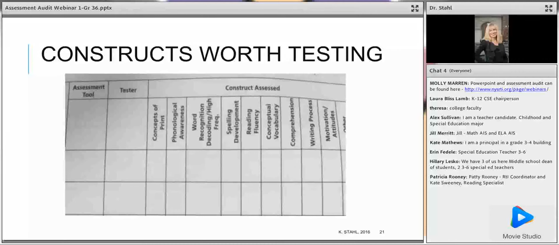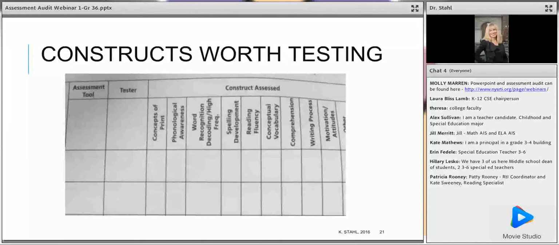We want to have an inventory and make sure that they have those first 300 to 500 Fry words under control in isolation in 1 second, but also, do they know them quickly enough that when they're reading connected text, they are not stumbling over one of the Fry words on the first 500 by the time they get to 3rd, 4th, 5th, 6th grade. So that's an important element of that word recognition and high frequency words.